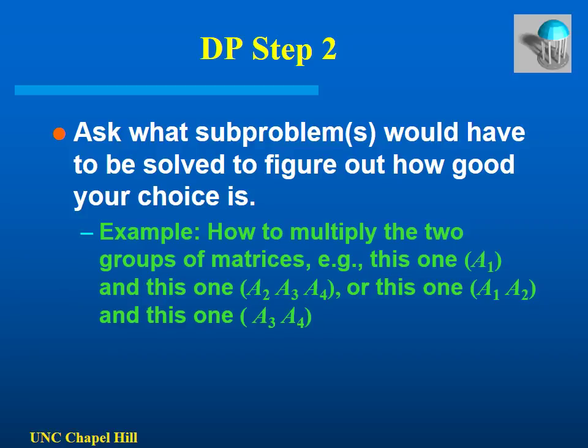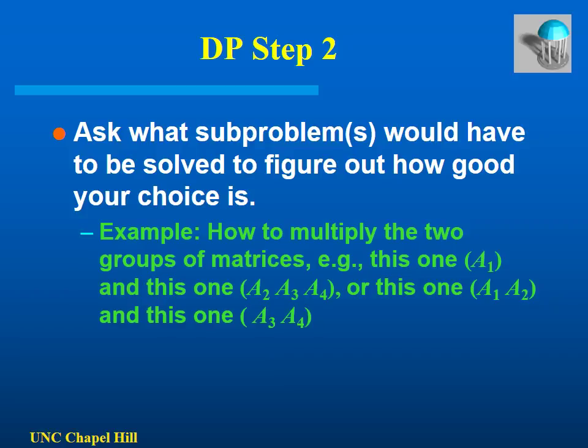For example, the matrix A1 and the matrix A2. That pair of matrices have to be multiplied, and there's a cost to that multiplication.